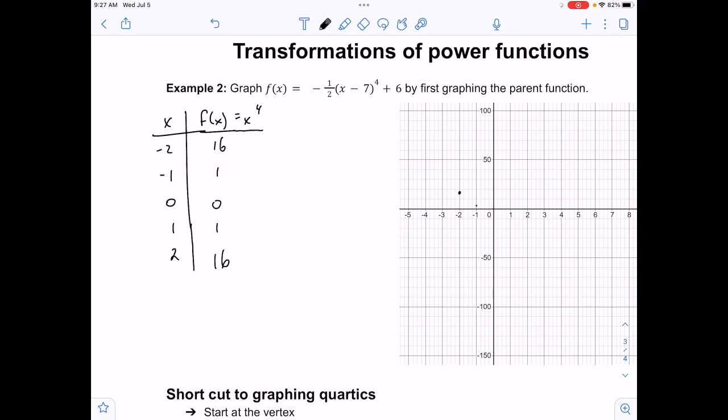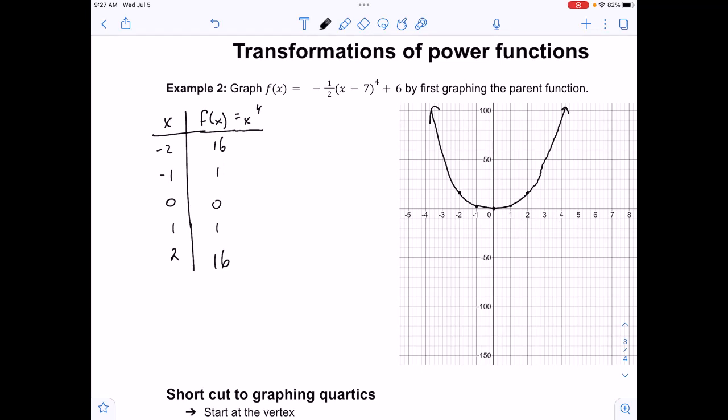Almost 0, 0. Oh, no, above. And then 2 at 16. So it's like a more square parabola because of how tight that bottom comes in. A bit of a wiggly end there.